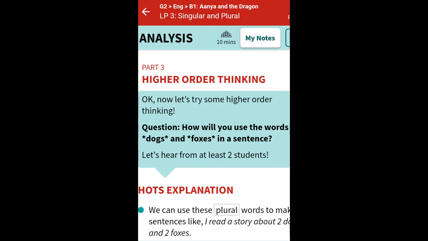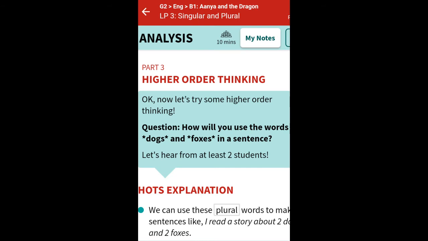The naming words that tell us about many people, places, things or animals are called plural nouns. Plural means more than one. We add just s to most of these words like bird, apple, a student to change them to many: birds, apples and students.